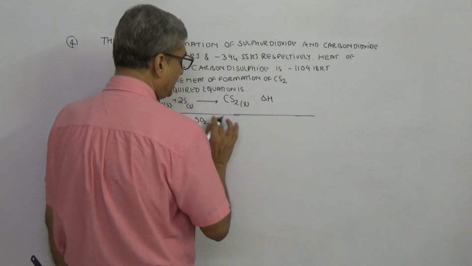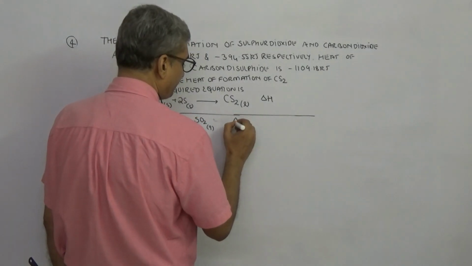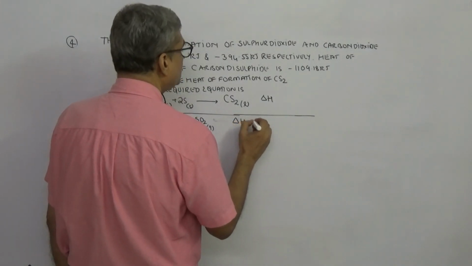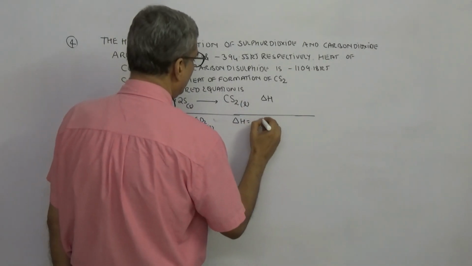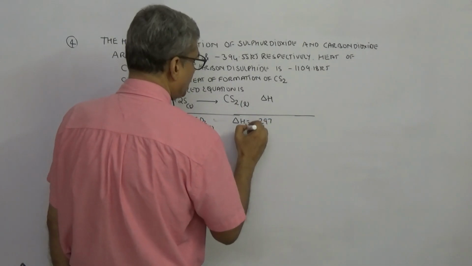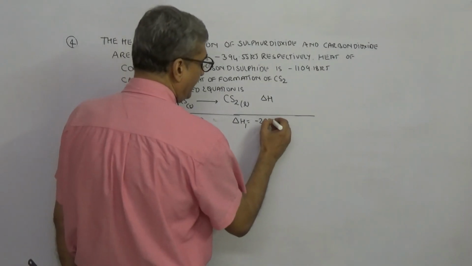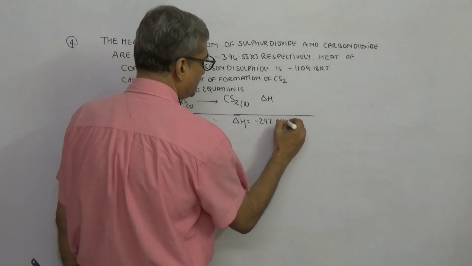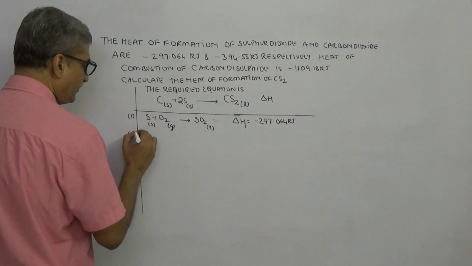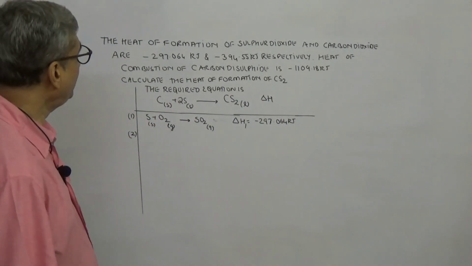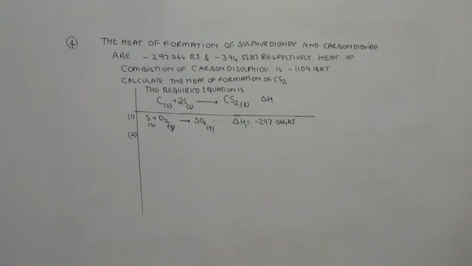So this delta H value for sulfur dioxide is minus 297. Let's call this delta H1, minus 297.064 kilojoule. The second equation that they have given is the heat of formation of carbon.